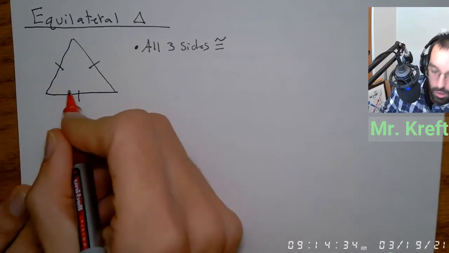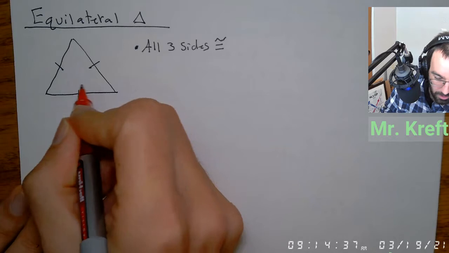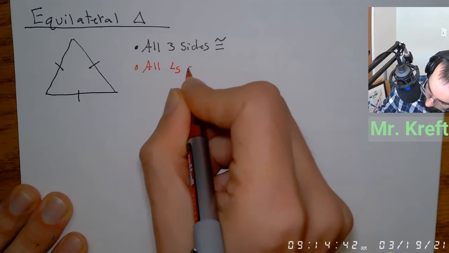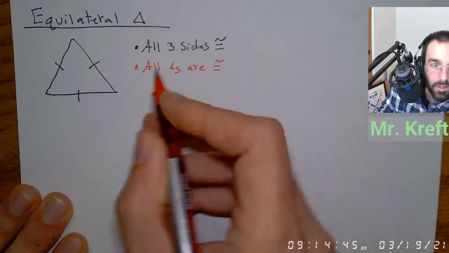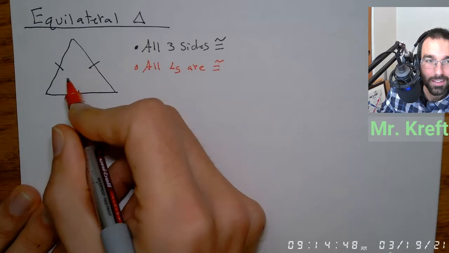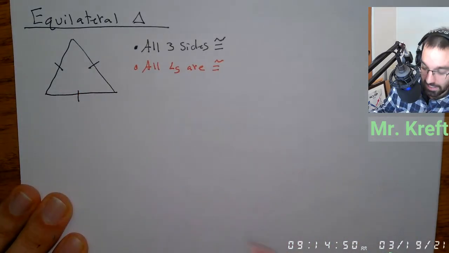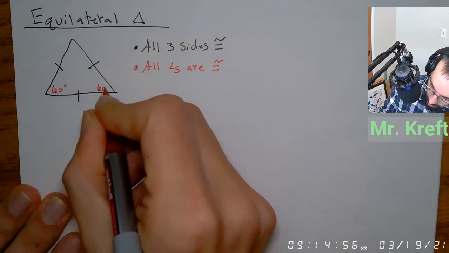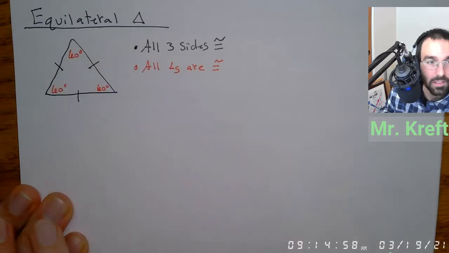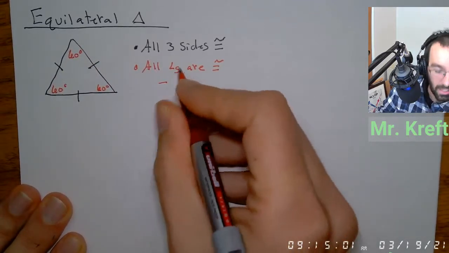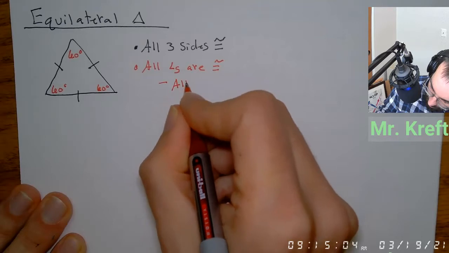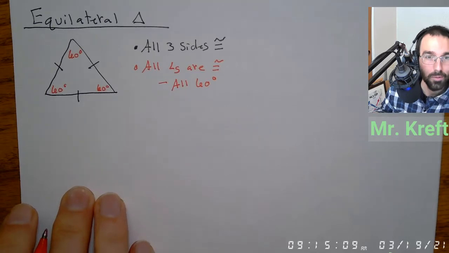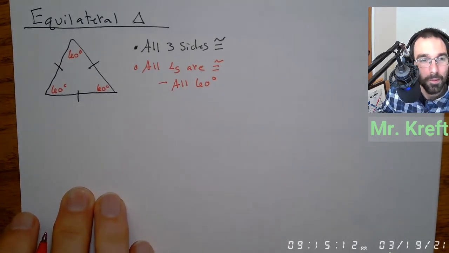Combining these, if all angles are congruent, but they have to add up to 180, as we did together in my class, the only way that three angles can add up to 180 is if they're all 60. So because all of the angles are congruent, they all have to be 60 degrees, or pi over 3 radians, but you guys don't have to worry about that.